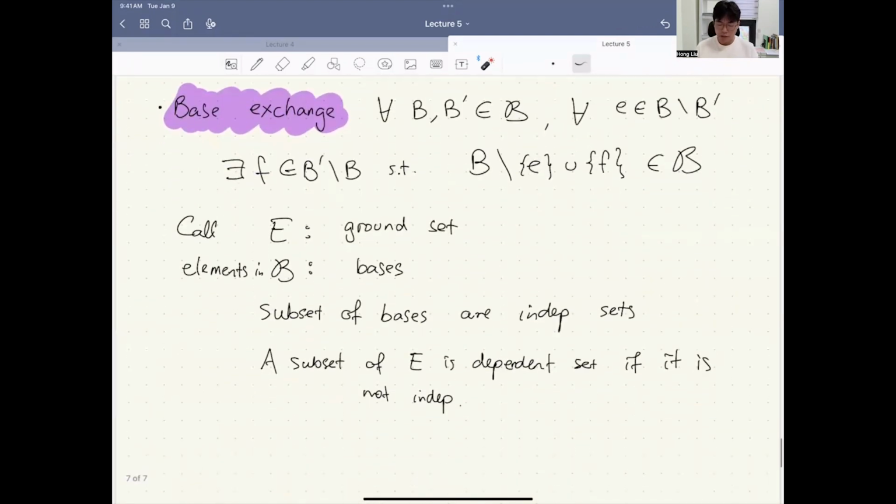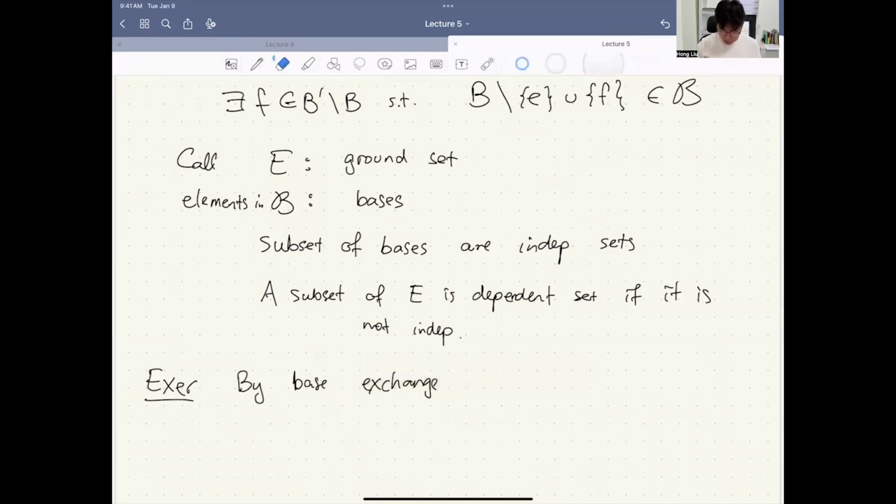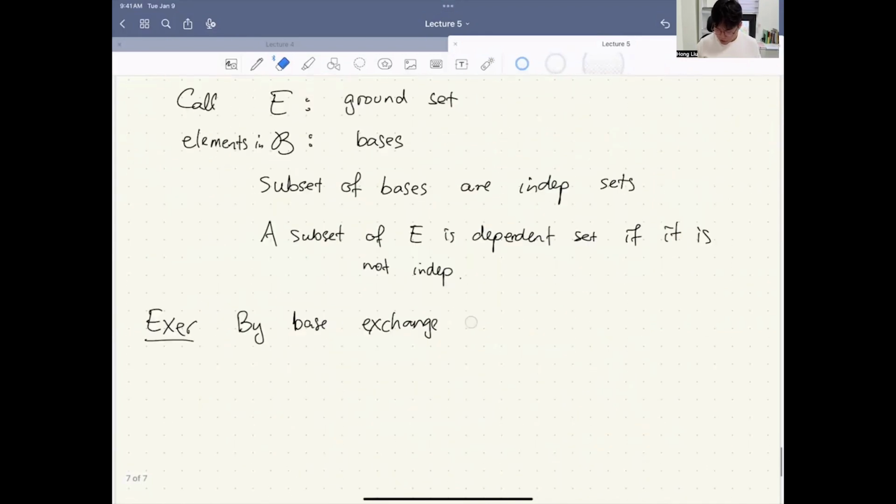I will leave it as an exercise, not hard to prove. By the base exchange axiom, all bases have the same cardinality.